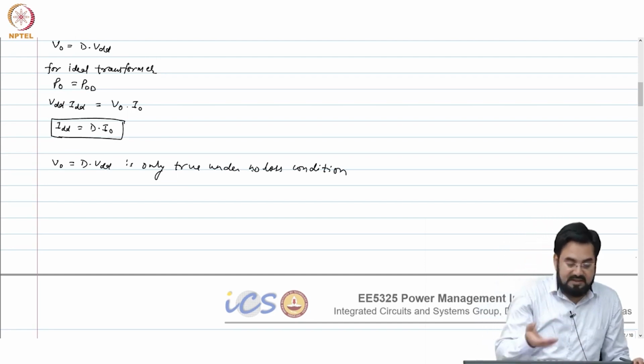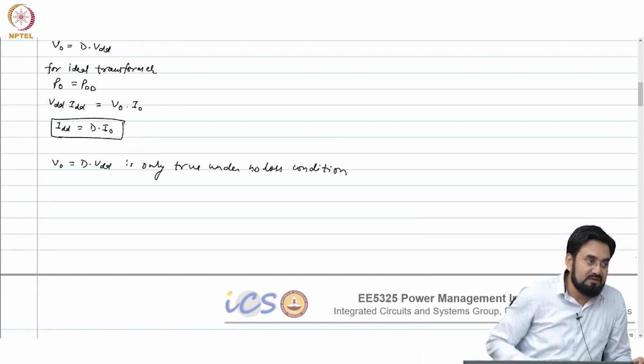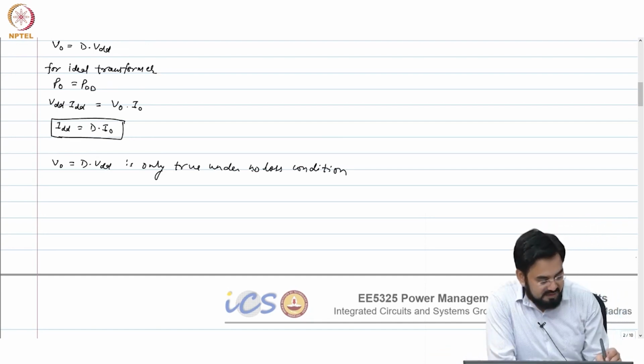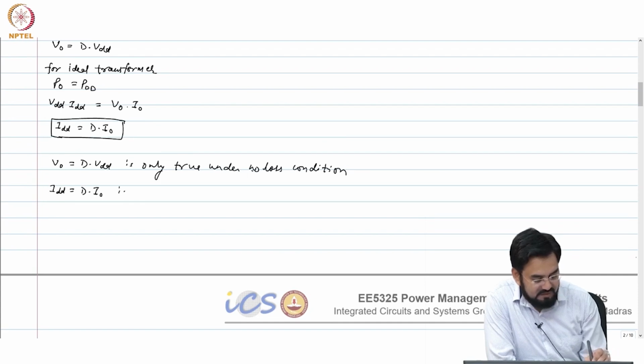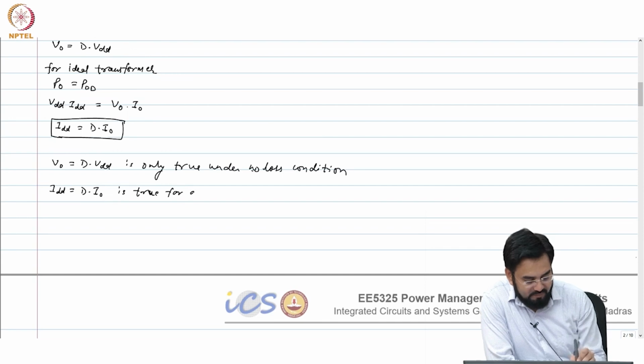Otherwise, it is D times VDD minus V loss, but this IDD equal to D times V out is true for all conditions.